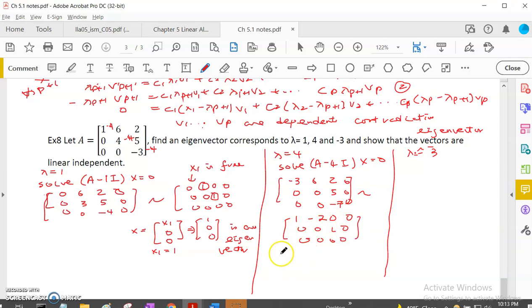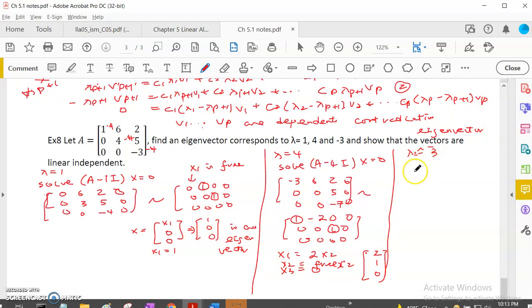Okay, so that means x1 is equal to 2x2. x3 is equal to 0. x2 is free. So let's assign x2 equal to x2. With x2 equal to 1, one of the vectors would be 2, 1, 0. Right? So we have two of them, 1, 0, 0 and 2, 1, 0.